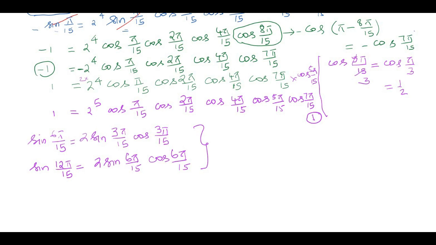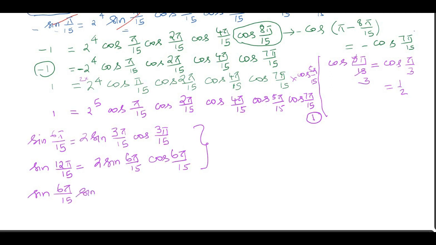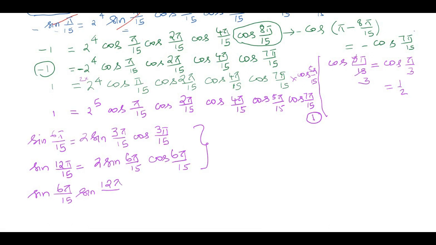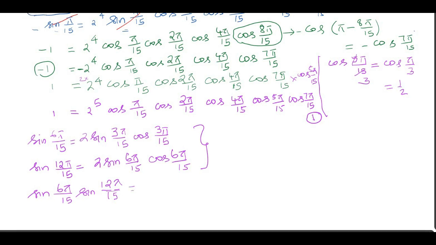Multiplying LHS, we have sine 6 pi by 15 into sine 12 pi by 15 is equal to 2 square. There is 1 2 here and 2 here.